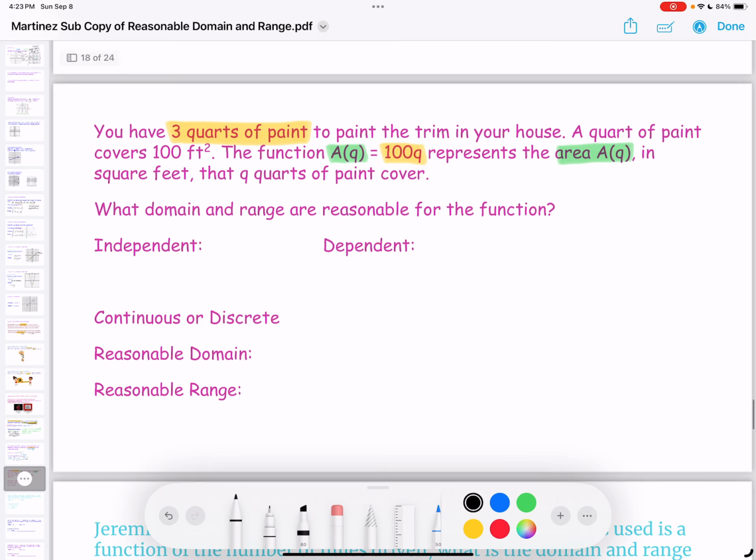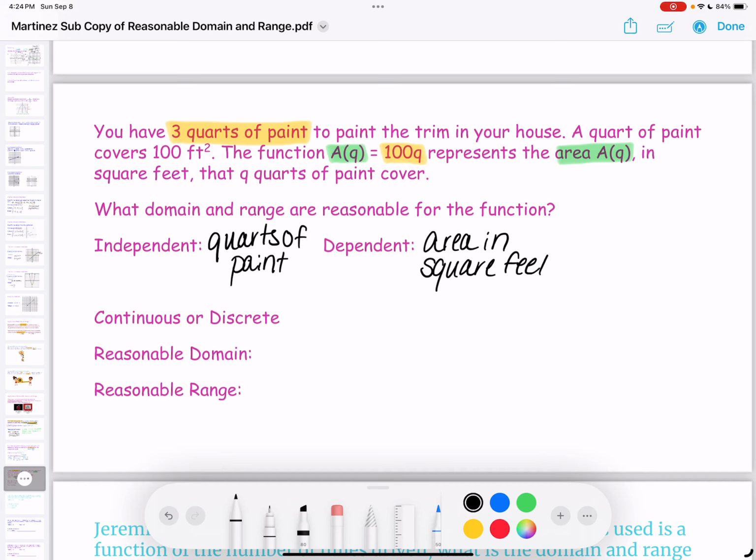Okay. So the next thing we want to determine is if it's continuous or discrete. So when it comes to something like this, we want to think about, well, can you have partial or a whole, right?